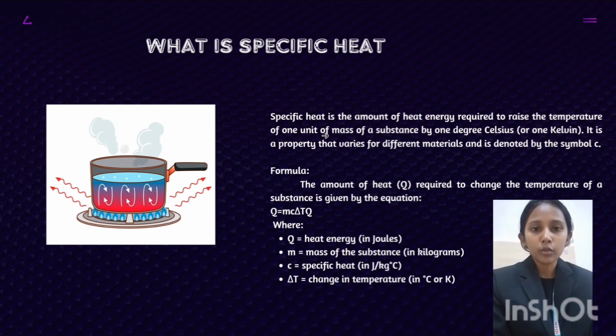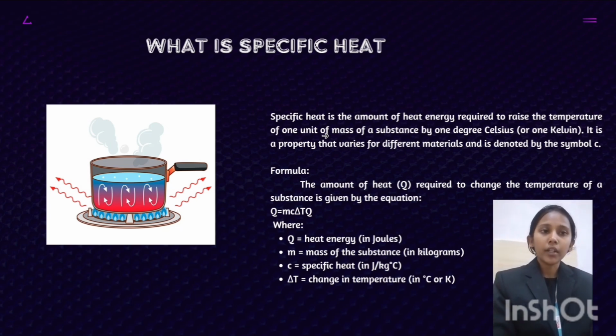Now we are going to move to our next topic, that is specific heat. So basically, what is specific heat? Specific heat is the amount of heat energy required to raise the temperature of one unit of mass of a substance by 1 degree Celsius or 1 Kelvin.